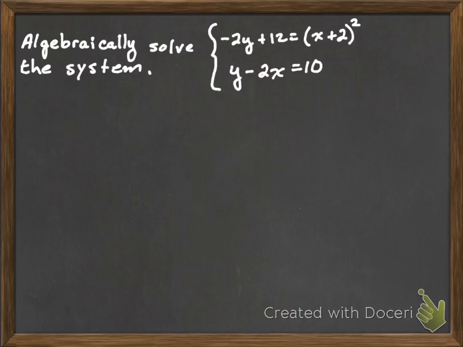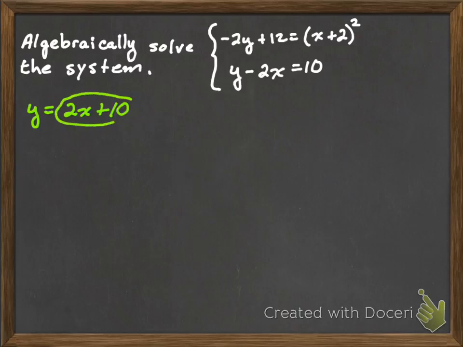Alright, so then last example here. The linear equation is this one because it's x to the first power, so we need to solve for y. So that'll give us y equals 2x plus 10.